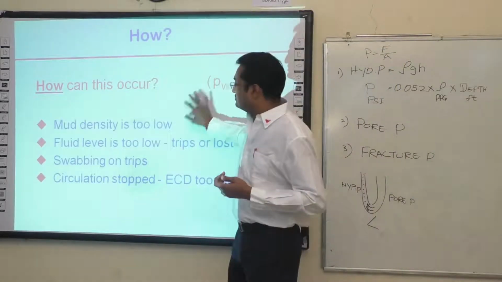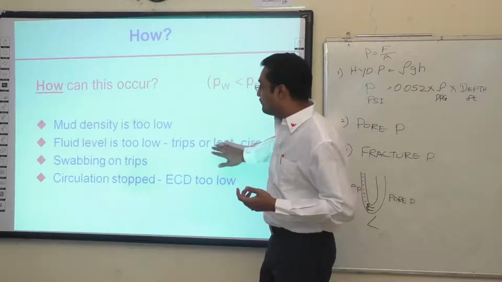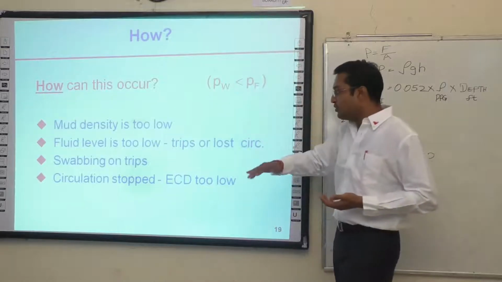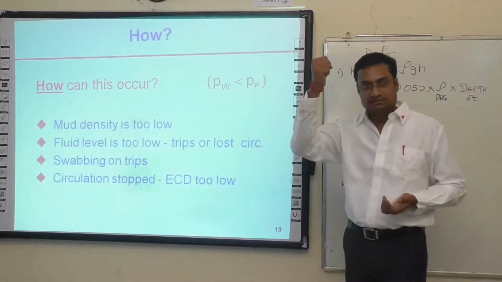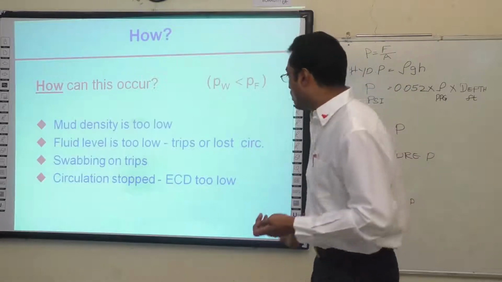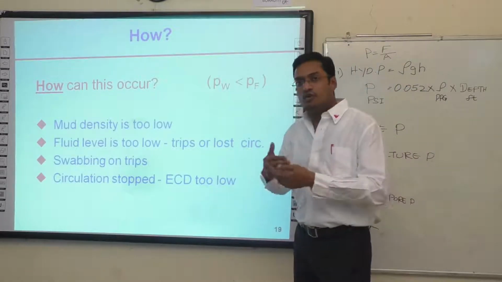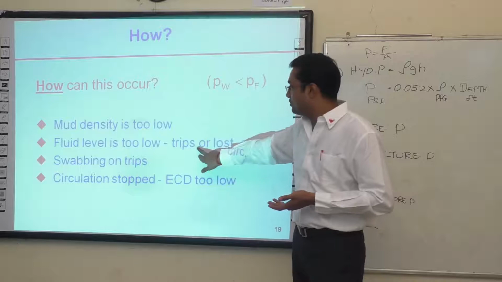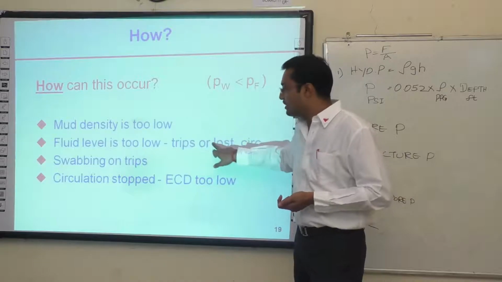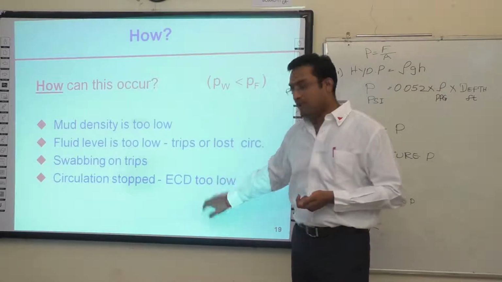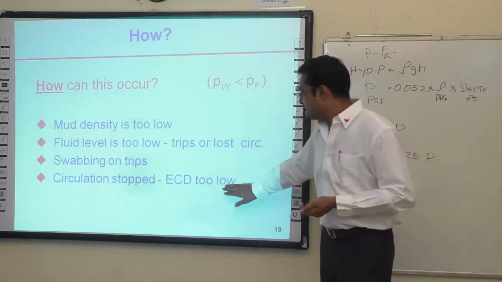This will happen when mud density is low, the fluid level is too low, or there is swabbing when you are pulling the pipe, or when you have lost circulation. When you lose circulation, the fluid level reduces. And when you stop the pumps, ECD is lost.